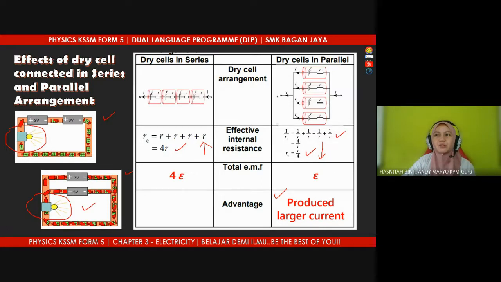This one also 2 batteries, but different connection gives you different brightness on the bulb due to the lower total effective internal resistance, so giving larger current flow through the bulb. Okay, are you done with this? Completing this table. This one 4R, this one R divided by 4, 4E, this one E. Advantages of dry cells connected in parallel: produce larger current in the circuit.